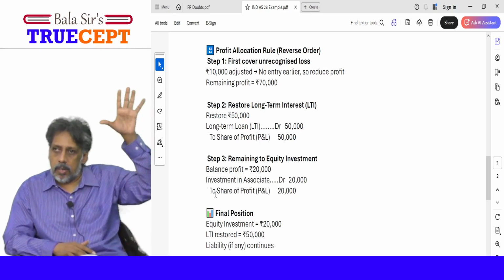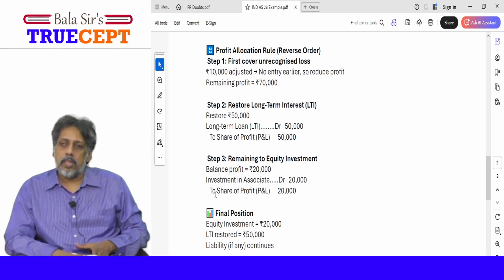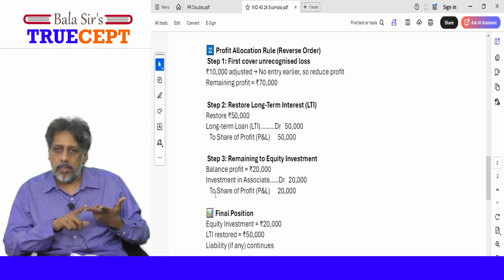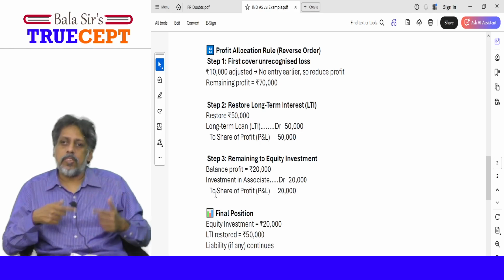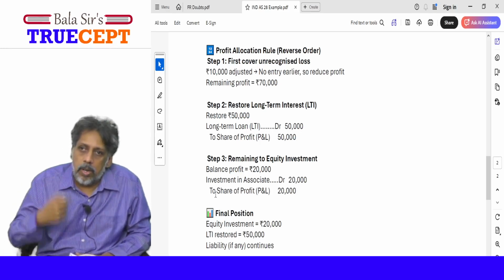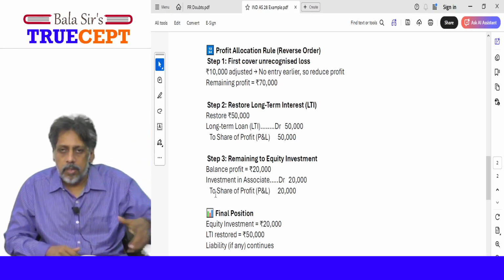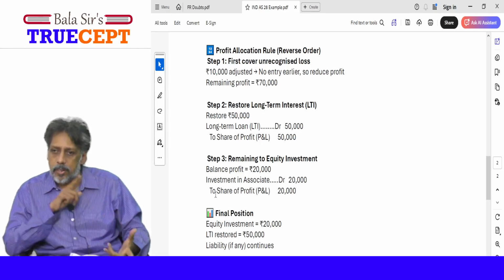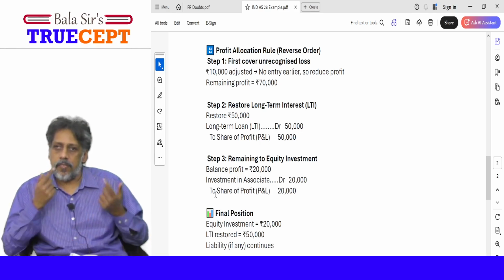That means first restore the long-term loan 50,000: long-term loan account debit to share of profit P&L 50,000. You can think this way: in case the associate company goes into liquidation, whom do we pay first? The loan will be repaid first, right? So therefore restore the loan amount. Long-term loan account debit 50,000 to share of profits P&L 50,000.